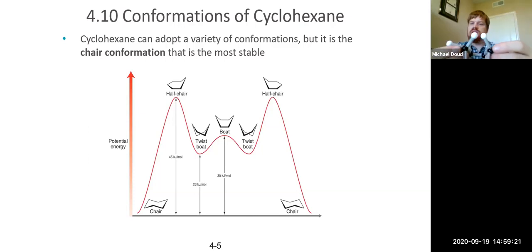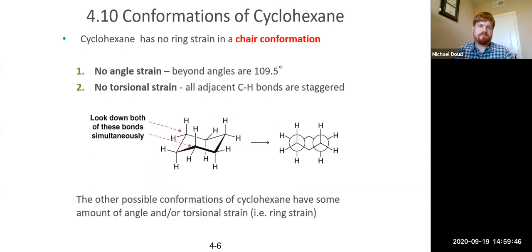And as you can see, it's not very stable. Even though the torsional strain has been reduced, you have a lot of conflict between these 2 substituents here, which happen to just be hydrogen in this case. And then if you flip it the rest of the way, you can flip into the opposite chair. We'll talk about this more in a little bit, but these conformations can flip from one to the other.